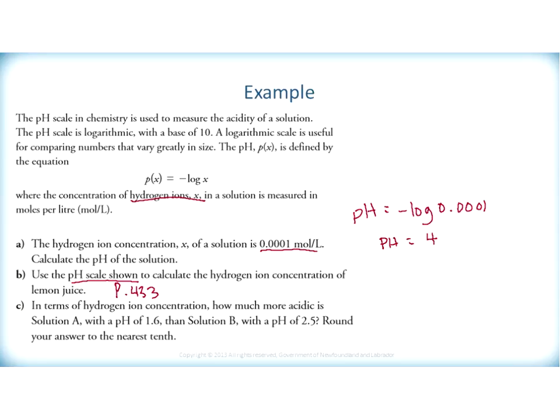So lemon juice will have a pH of 2. So we're going to say now 2 is equal to negative log x. So we're trying to find the hydrogen ion concentration. Now, first we're going to move the negative to the other side. So negative 2 is equal to log x.